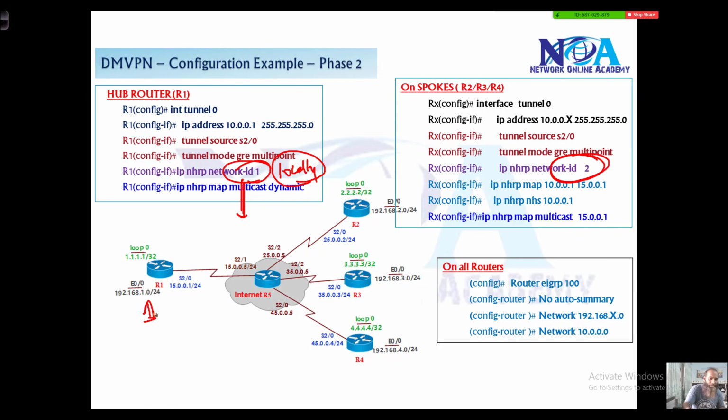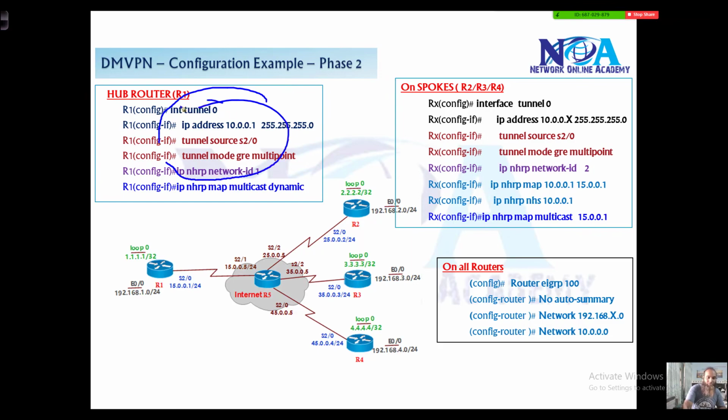You can use NHRP network ID 1 here, 2 here, 3 here, 4 here, and it doesn't really impact. As best practice, if you want to go with the same value, it's up to you, but it is not compulsory to match. It's a locally significant value and it is not transmitted in your NHRP packets. So this is the minimum configuration you need to add.